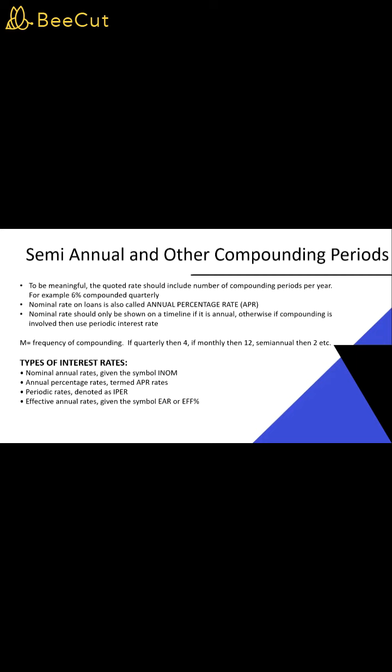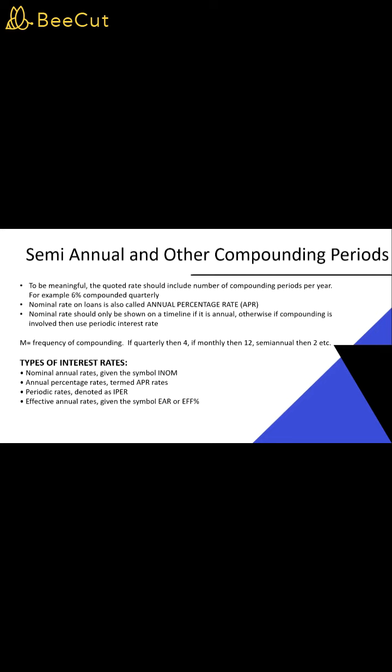There are different types of interest rates. The first one is a nominal annual interest rate, that is also represented as INOM. Another word for a nominal rate on loans is annual percentage rate. Next, I will also be talking to you in the next couple of slides about periodic rates and also about effective annual rates, or EAR.